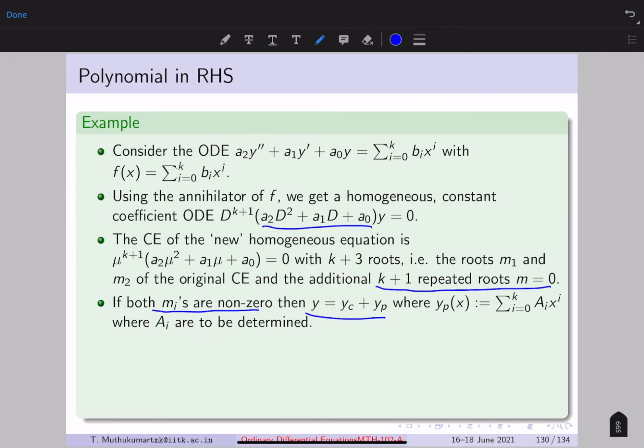It is e power m1x, e power m2x, and then there is the solution corresponding to 0, because when you say m equal to 0, it is e power 0x, which is 1.